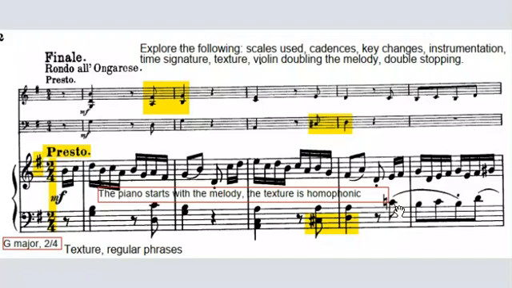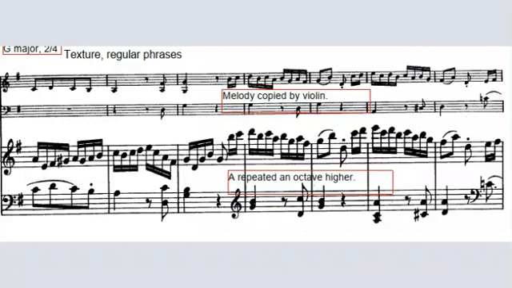If you listen to the music, you will hear regular phrases. It starts with an upbeat, and it will go up to there, and then it will start again with an upbeat, regular phrases, and I will hear a homophonic texture. It's important that you follow your score and look at the things that I explained here.